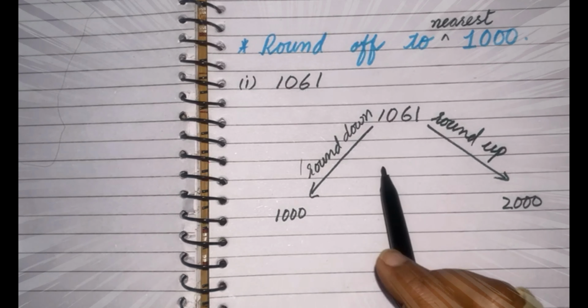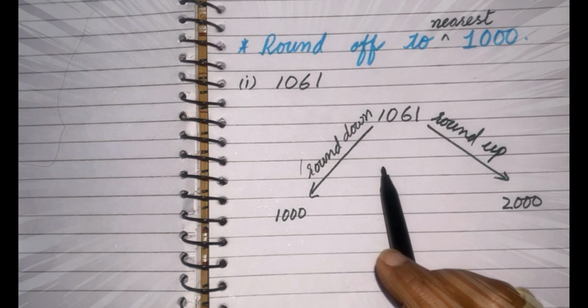If we go round down, we have 37. Here we will write 37, and if we move to round up, we will have the number 38, one more than the number 37.